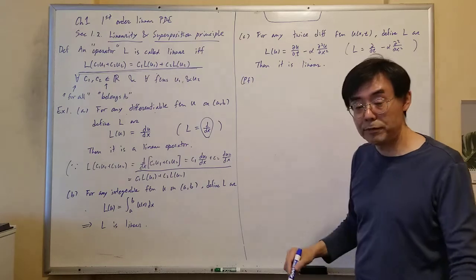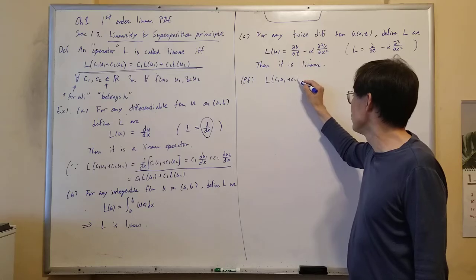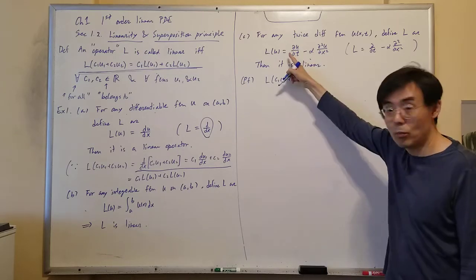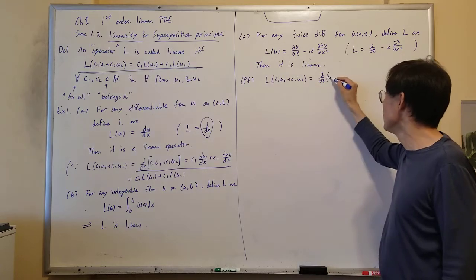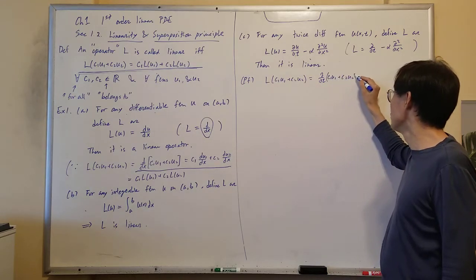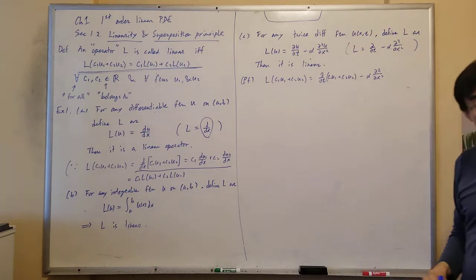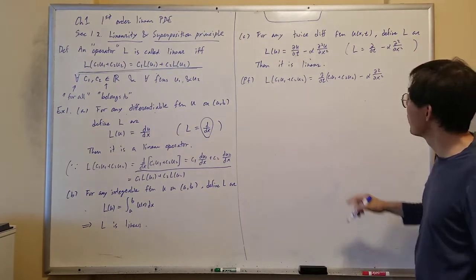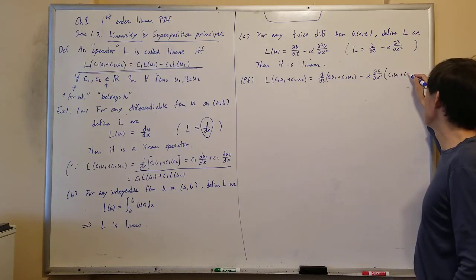We can prove this one. When we have C1u1 plus C2u2, then what does it say? Partial t of C1u1 plus C2u2, minus alpha, partial squared with respect to x twice of C1u1 plus C2u2.